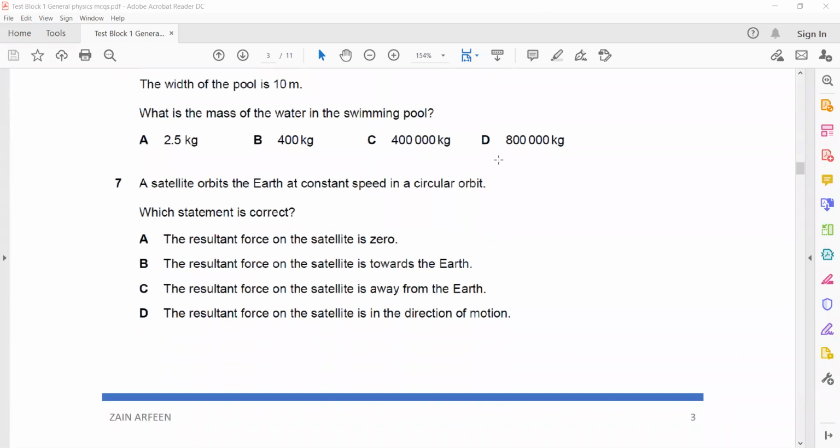A satellite orbits the Earth at a constant speed in a circular orbit. Whenever an object moves in a circular path, there is always a force, and that force is always directed towards the center.